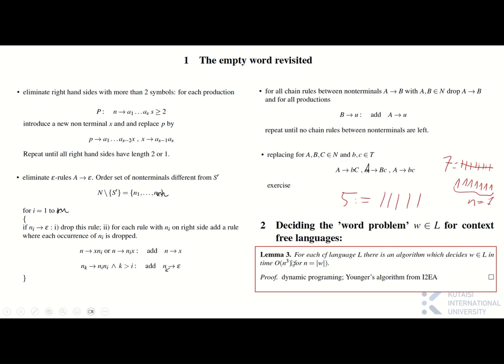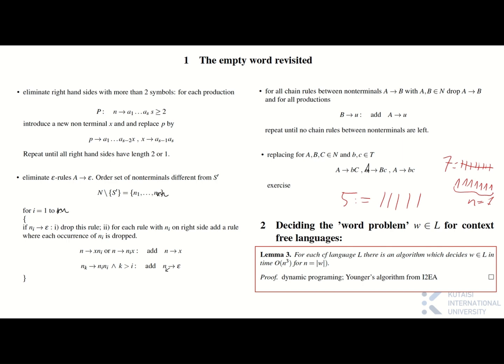And you might think, how would one do this? Maybe the first approach would be: if your word is in your language, it has a derivation tree. Derivation trees are particularly easy. They're basically binary trees at most, because they're in Chomsky normal form, so every node can have 2 sons at most.